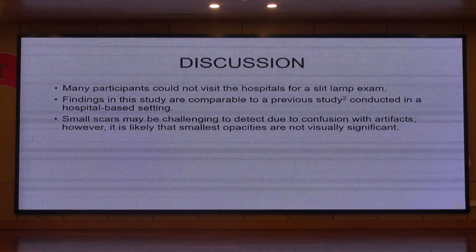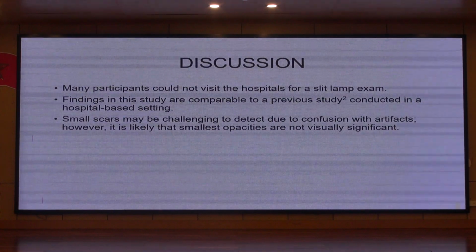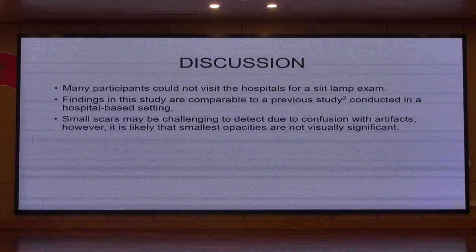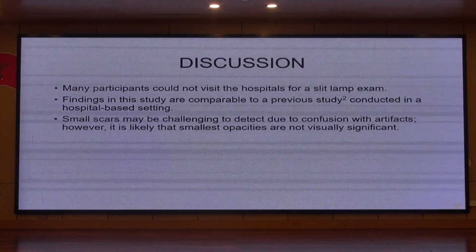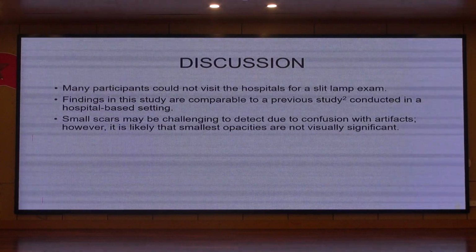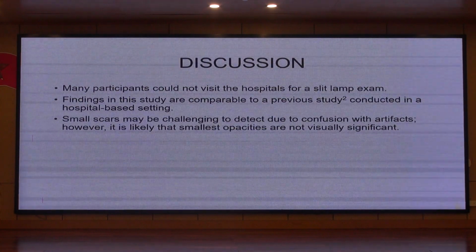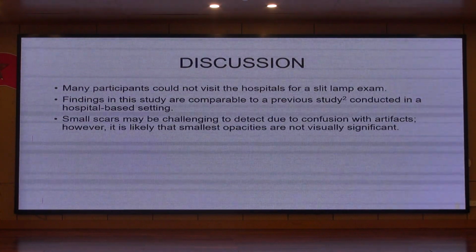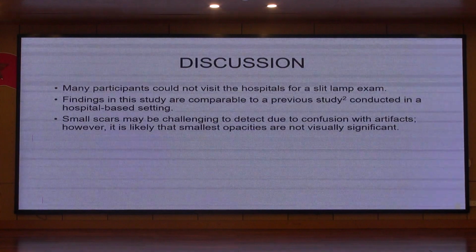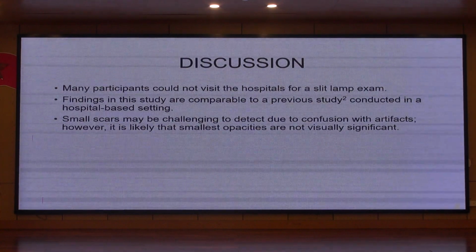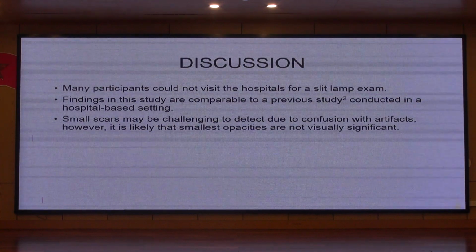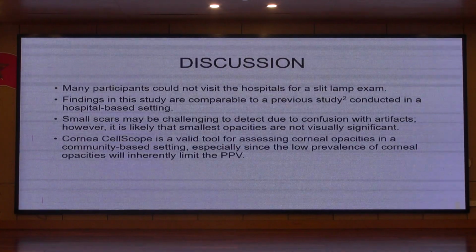Those artifacts may confuse the photo graders, and that will make it more challenging to detect small scars on the corneal photographs. However, it's likely that the smallest opacities are not visually significant, therefore missing those small scars may not have a significant consequence on the patient.